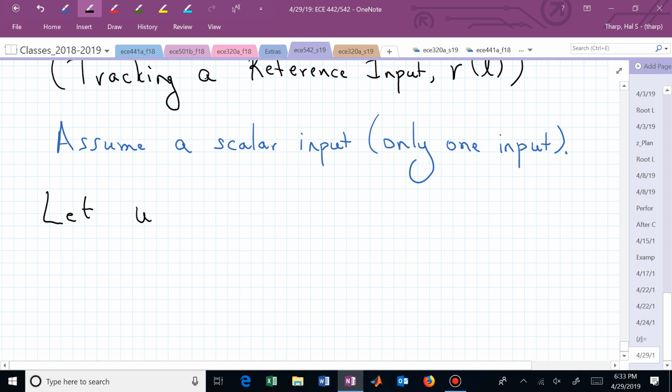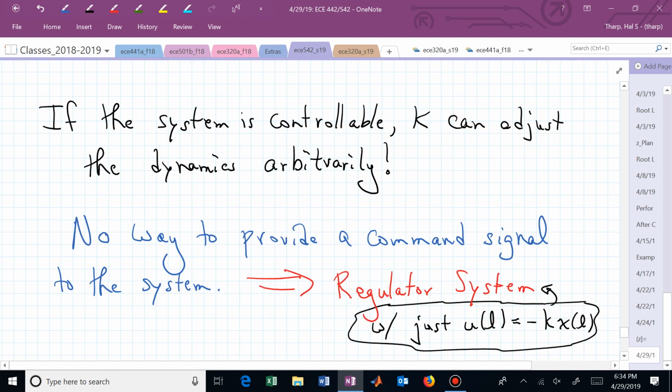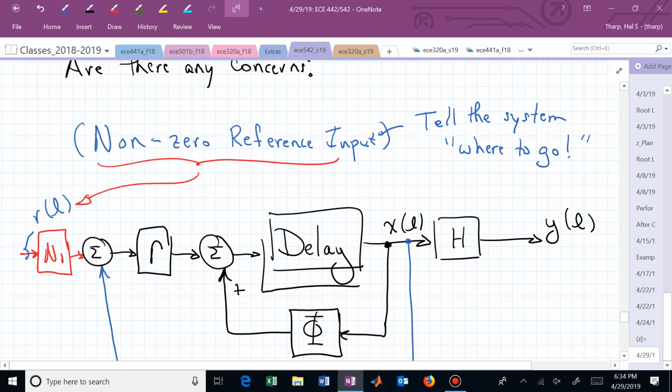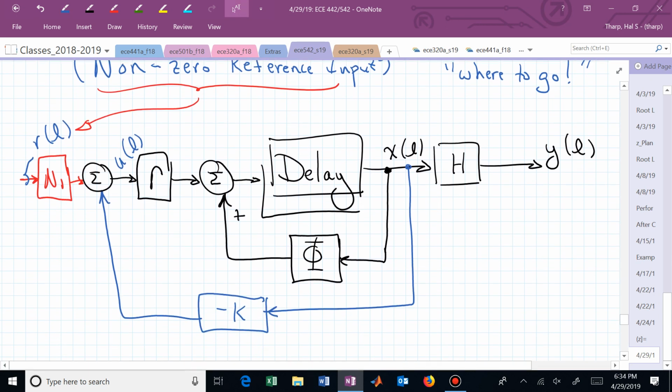So let's now let u of k be more than just minus Kx of k. Now u of k is what we said it needs to be. Where is u of k in this diagram? There's u of k coming out of that summing junction, and if that's the output of that summing junction, that needs to equal the inputs to that summing junction, which is minus Kx of k plus n sub 1 r of k.